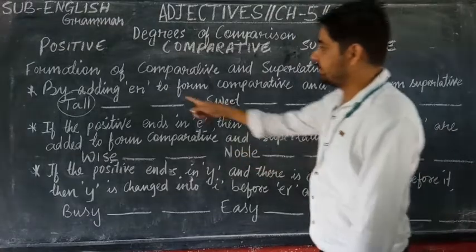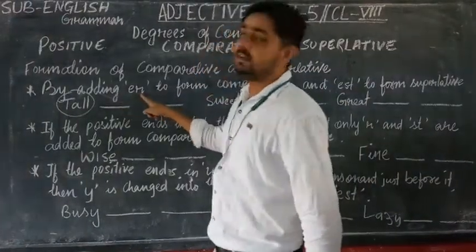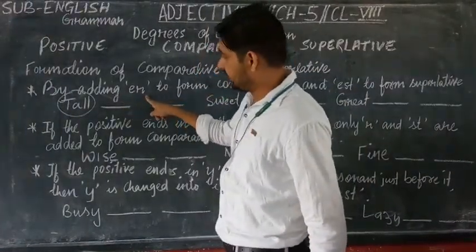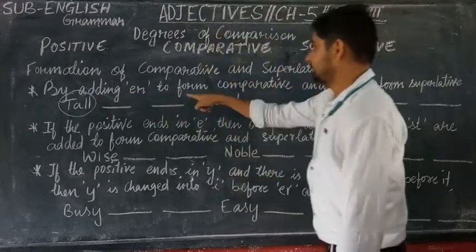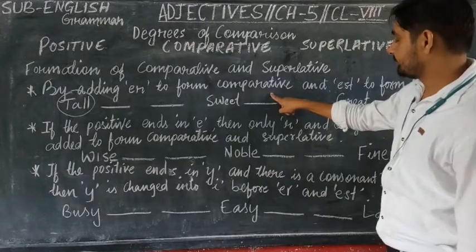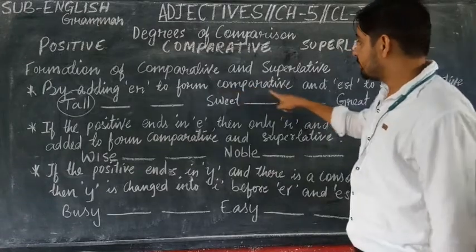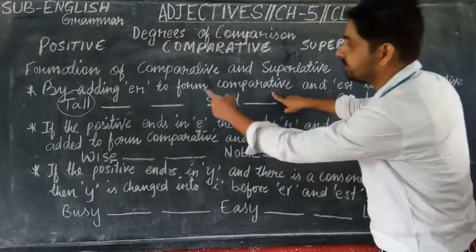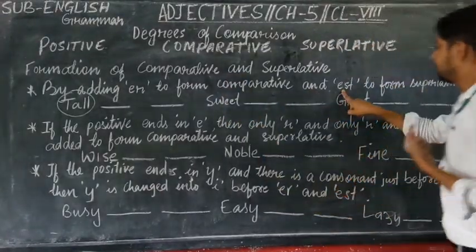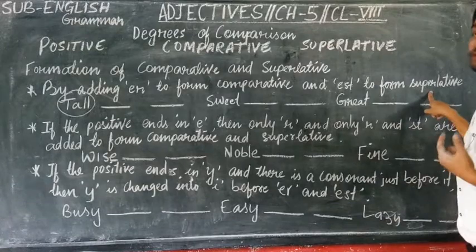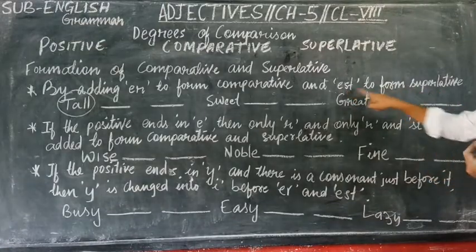Here the first point is given: by adding er we form the comparative, and we add est to form the superlative.